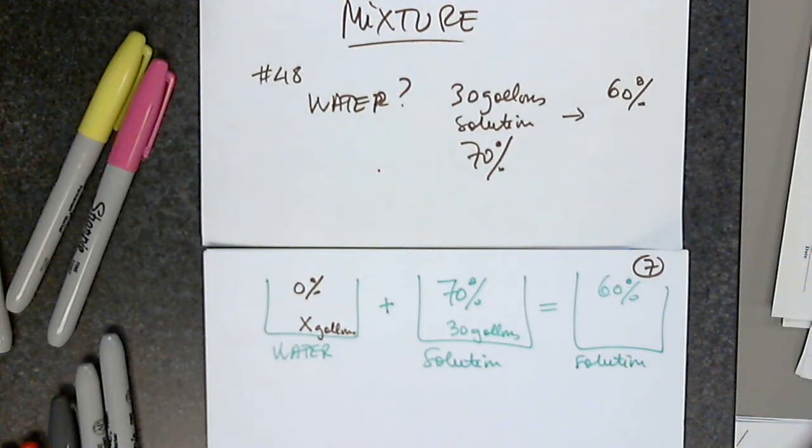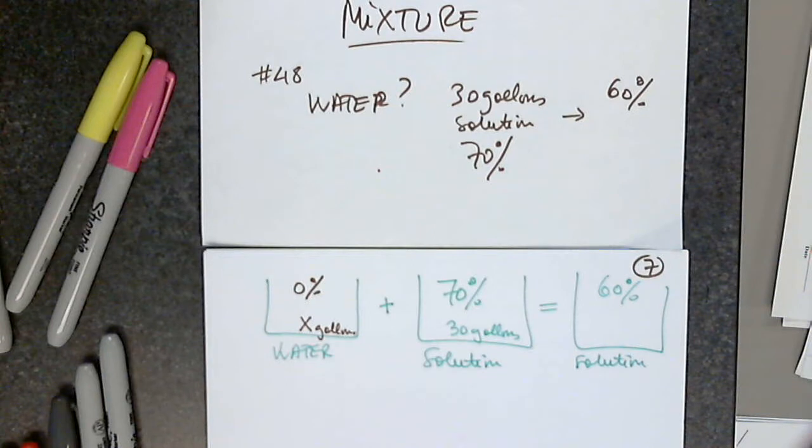X? No, I have X in here. 30X? I'm not multiplying. I cannot multiply gallons by gallons, I get gallons squared. 0.30 plus X? Not yet, no. I'm only talking about gallons now, not concentration. One more time. In this container, I have X gallons of water.